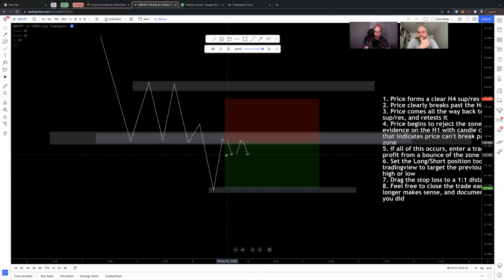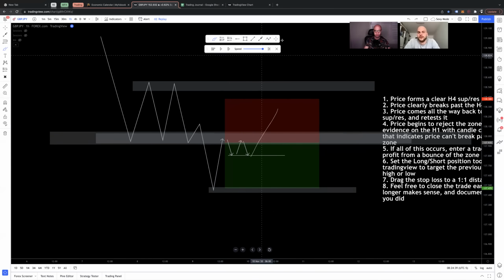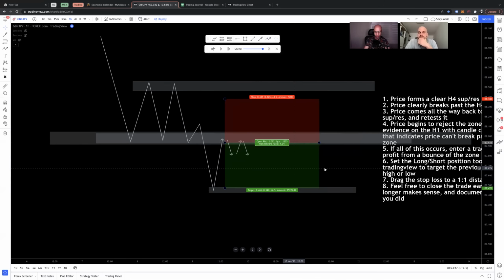If it bounces there, cool. You're focused on the main 4 hour support resistance zones. That simplifies it a lot, because you don't have to care if price starts going sideways here for a second. It doesn't matter. So that makes sense? Yeah, it does.